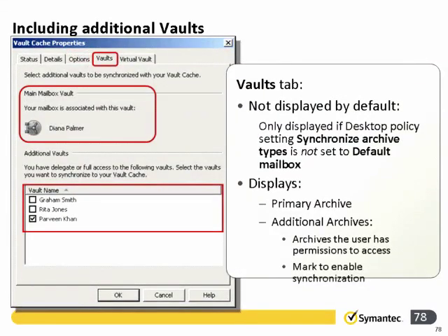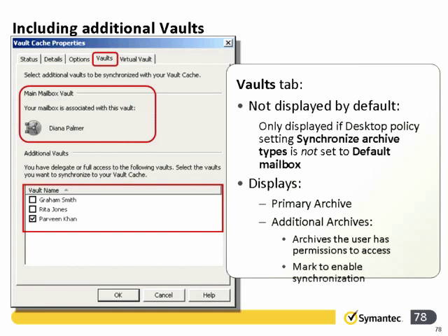And in this particular case here, if you do have permission to do this, which means that you've gone into the desktop properties and changed it so that you can see these additional vaults, you will have a new tab. You'll notice in the previous slides, we did not have a Vaults tab, nor did we have a Virtual Vaults tab. So I've configured it so that you can now see those.